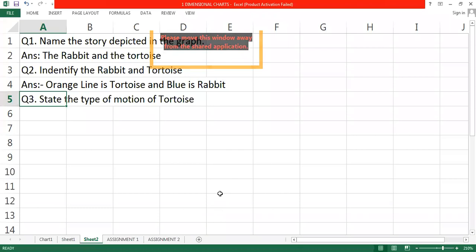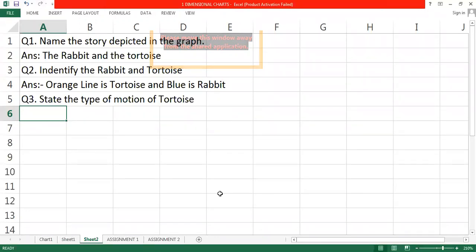State the type of motion of tortoise. Quickly. State the type of motion of tortoise. Very good, Monish. That's the right answer. Brilliant answers. Avni, Aditya. Come on, others, Vidula.